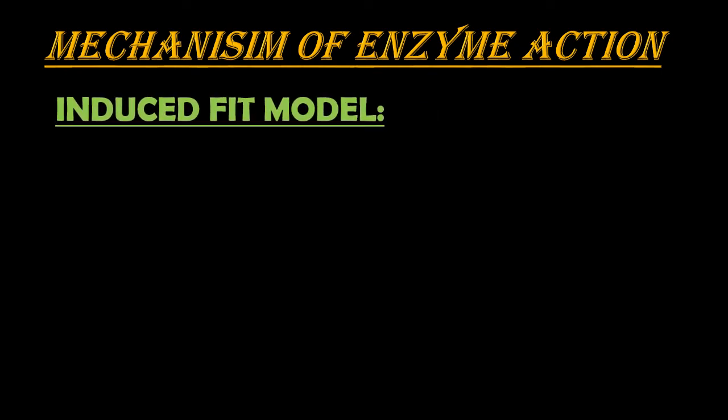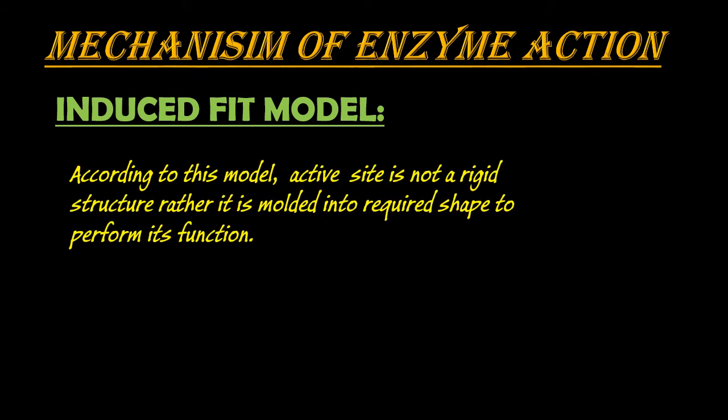According to this biologist, Daniel Koshland, in the induced fit model, the active site is not a rigid structure. Rather, it is molded into the required shape to perform its function.